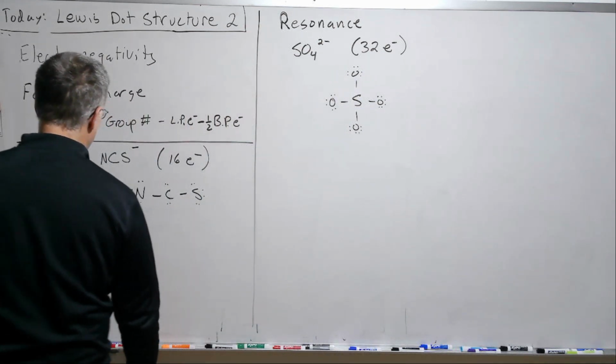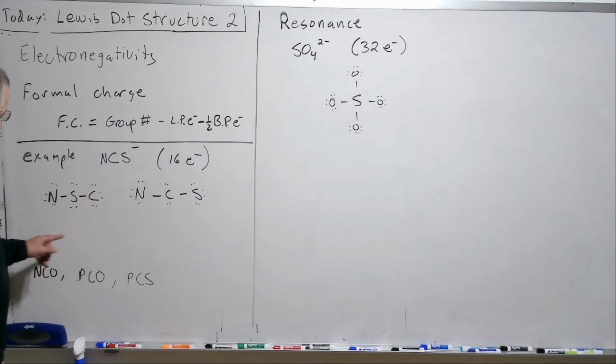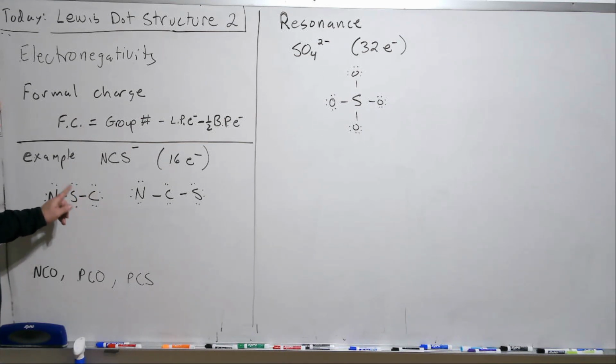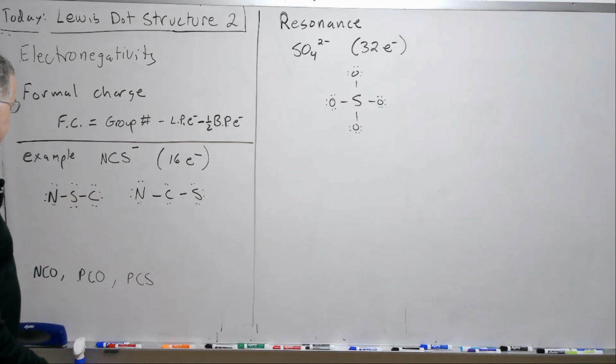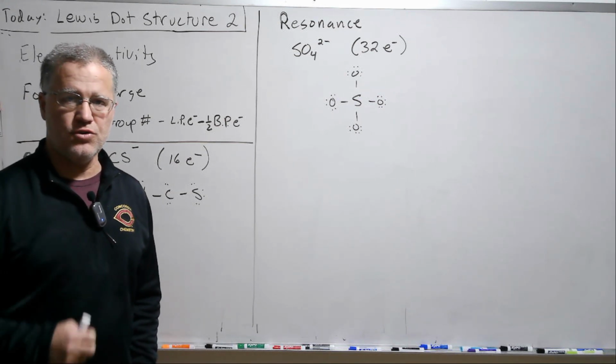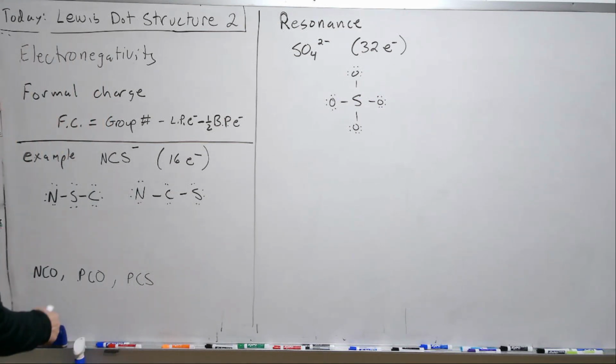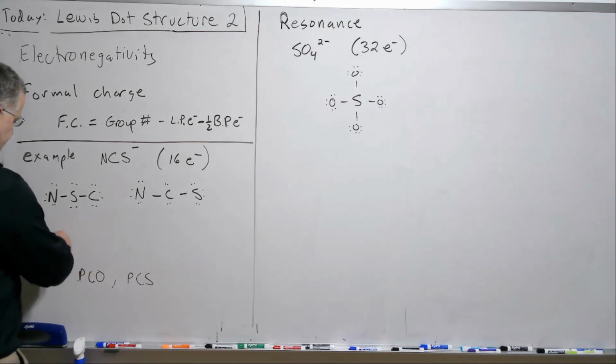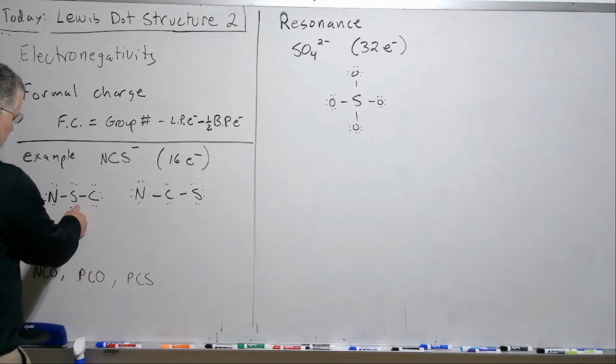So we draw our skeleton structure. So single bonds and octets around everything. 2, 4, 6, 8, 10, 12, 14, 16, 18, 20 electrons. So we have 4 too many. Means we have to have one triple bond or 2 double bonds. Okay, well, let's try that. So let's make a double bond here and a double bond here.